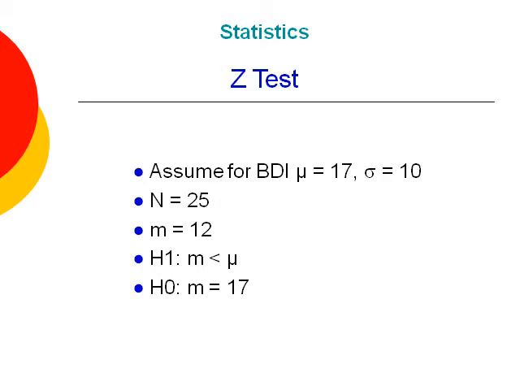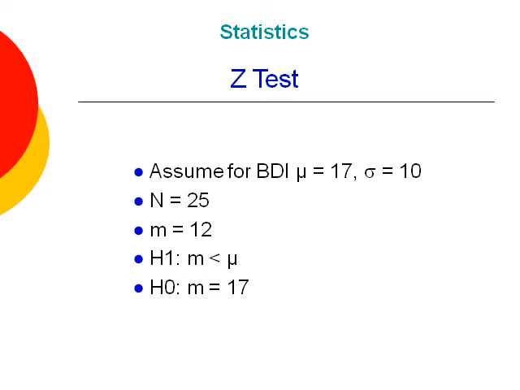Now let's say we select a sample of 25 depressed adults from the population. We administer the experimental treatment, and at the end of treatment we find that the mean score for this group of adults is 12. Our research hypothesis would be that the treated group would have a lower mean score than the population. And the null hypothesis would be that the sample mean would be equal to the mean of the population, 17.